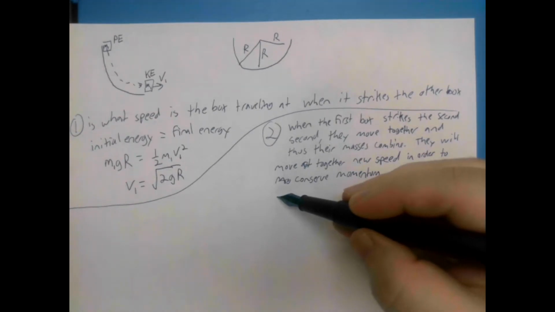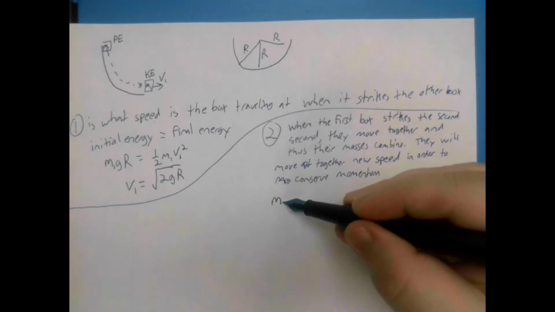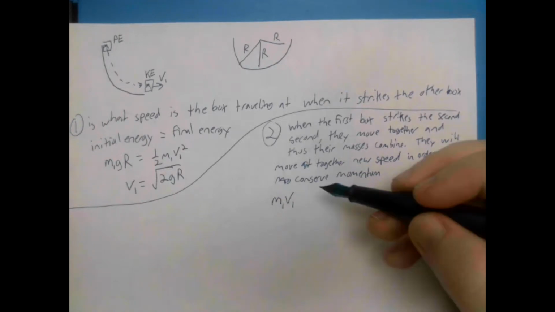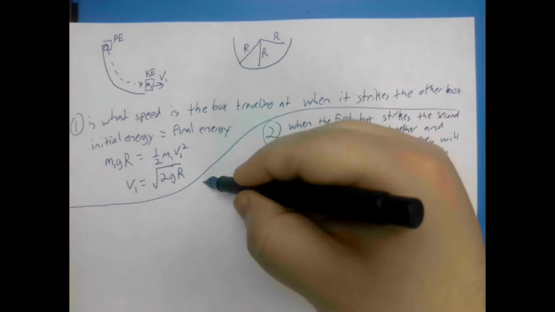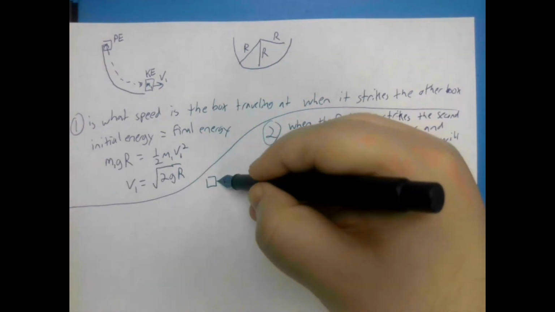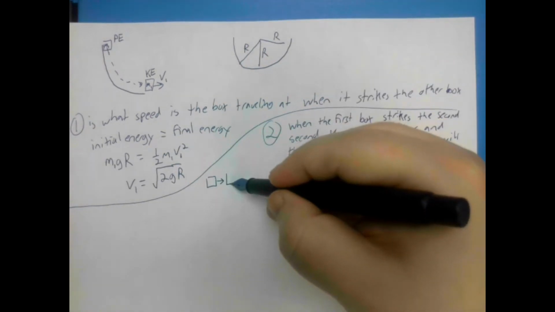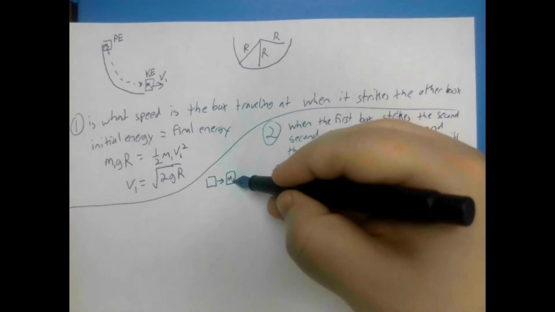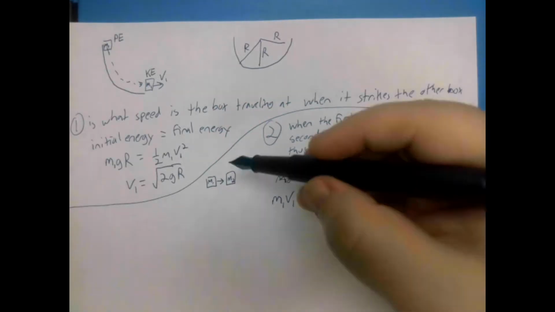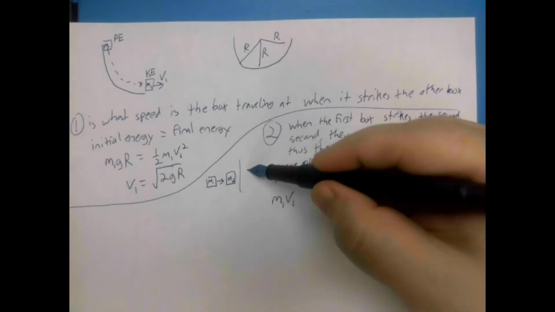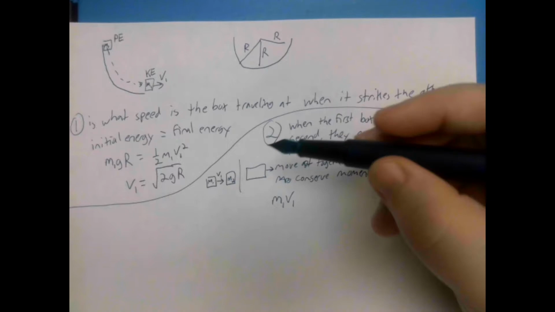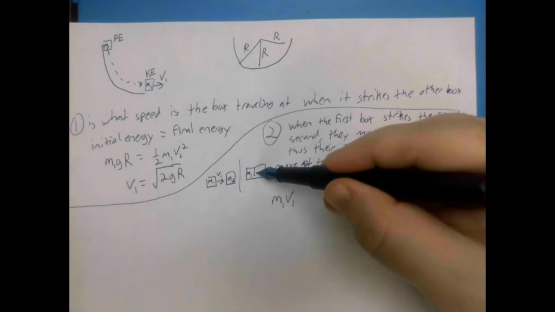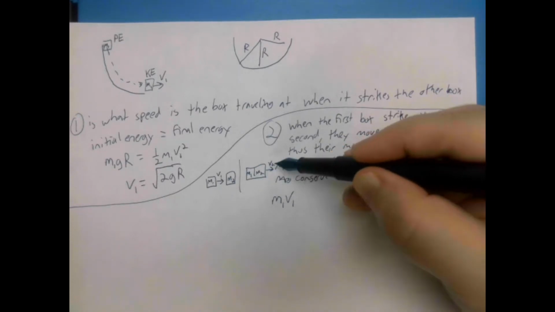So, using momentum, we have mass m1 times v1. So, at the very beginning, this is the scenario where the box is about to strike the second box, m2, m1. And then afterwards, they're stuck together and they're moving at some new speed, v2.